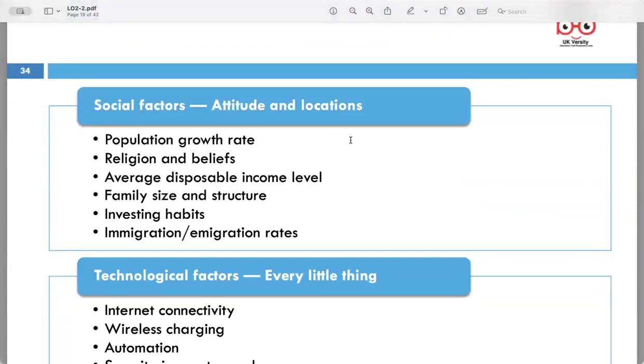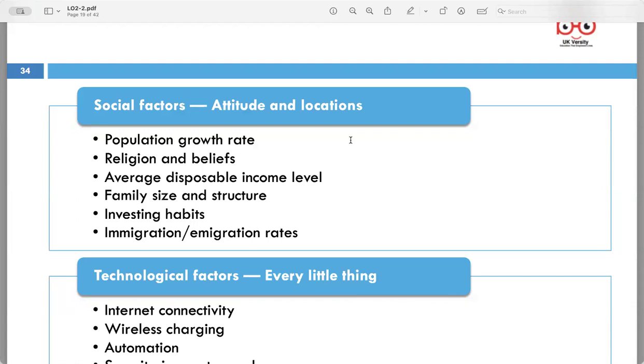Factors related to social society, including attitudes and locals, and also technological factors: the pace of total population growth, religious practices and faiths, a level of discretionary income that is average, the size and composition of the family, patterns used for investing, the rates of immigration and refugee departures.